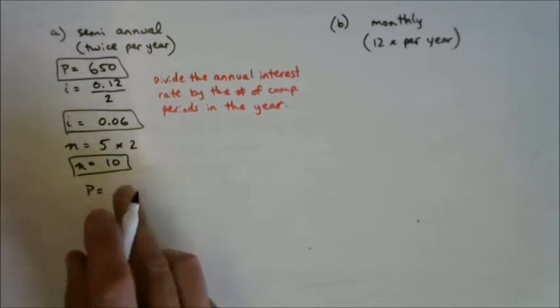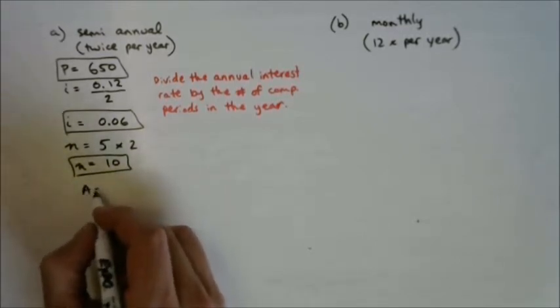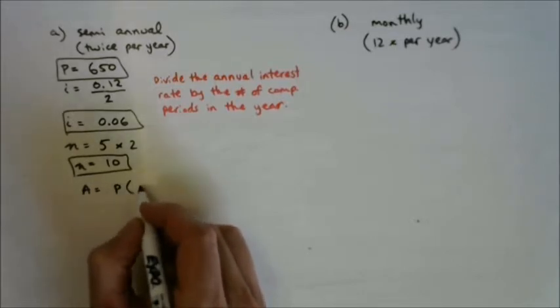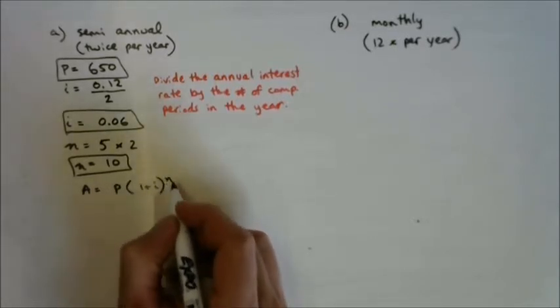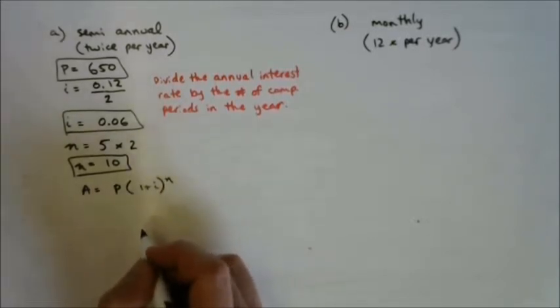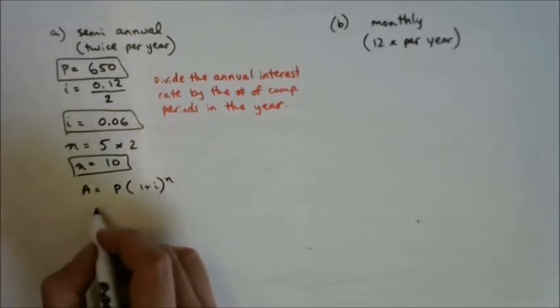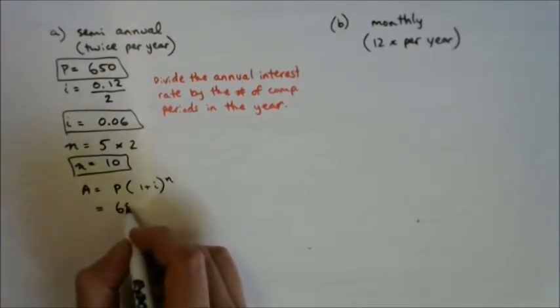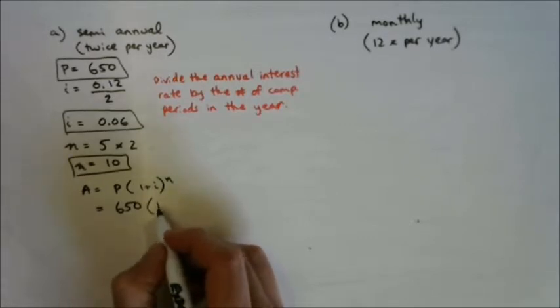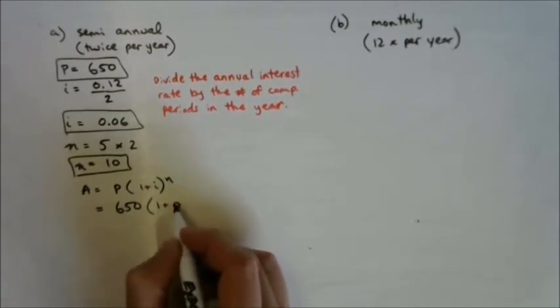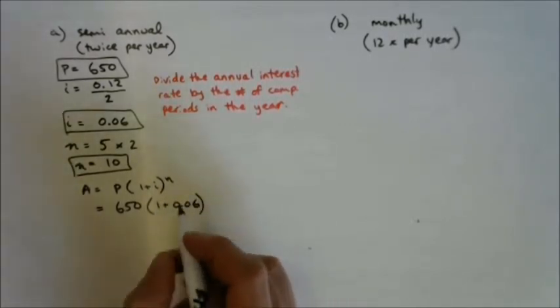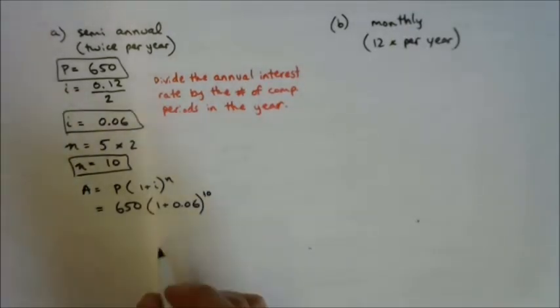The equation stays the same. A equals P(1 plus I) to the power of n. And same way as we did before, we just sub those things in. So the principal is still 650, but this time we have 1 plus 0.06, but it's being compounded 10 times.